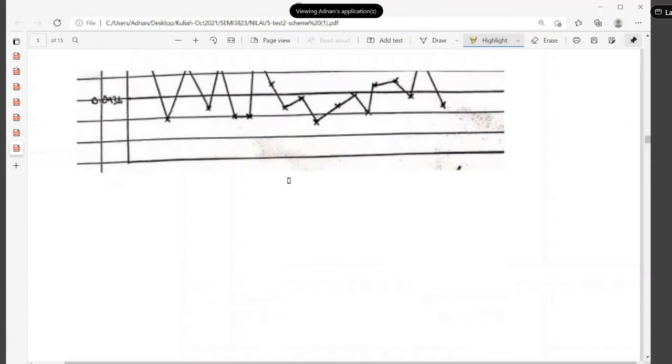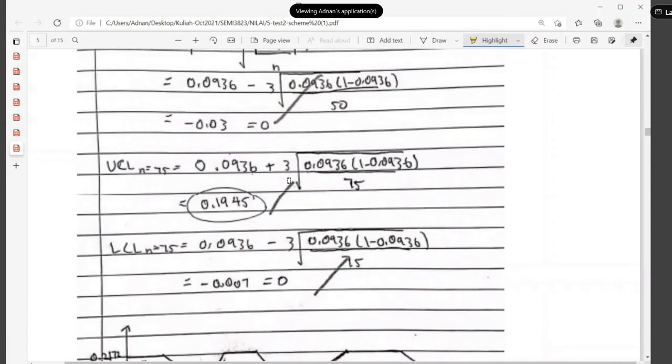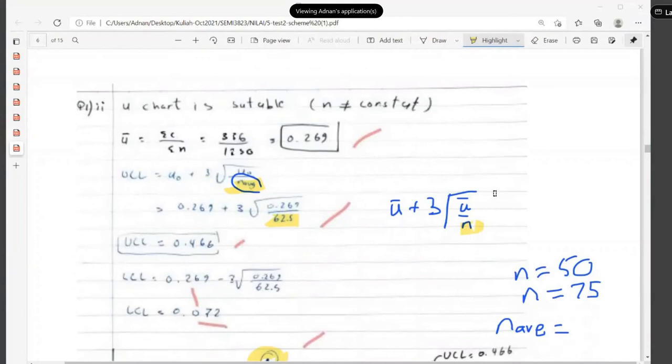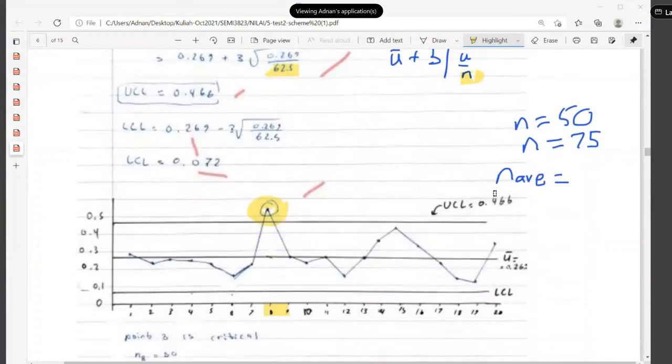Yes, 19, correct. So the revised control limit will be used for future monitoring. Meaning that when you continue the process, when you remove the point, you must assume that point is due to an assignable cause.